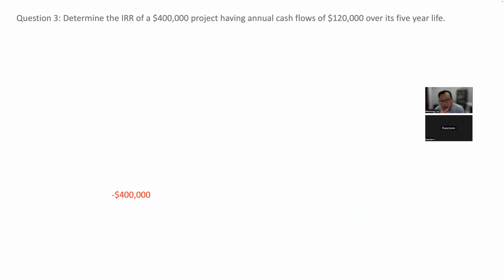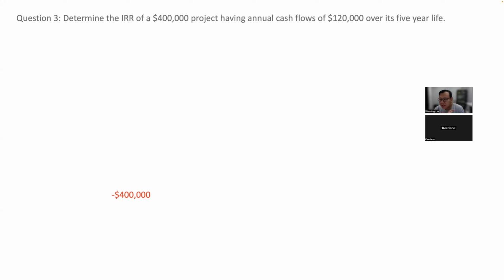In this question, they want you to determine the IRR of a $400,000 project promising annual cash flow of $120,000 over 5 years. If you think about it, each year you receive $120,000, right?